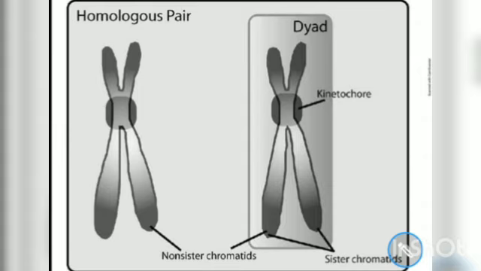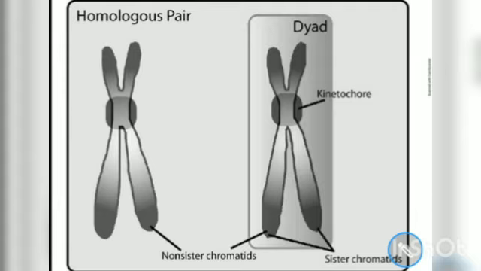Before going to learn about meiosis, I want to share some basic terminologies regarding cell division. Look here. This represents the homologous pair, that means same-size chromosomes.